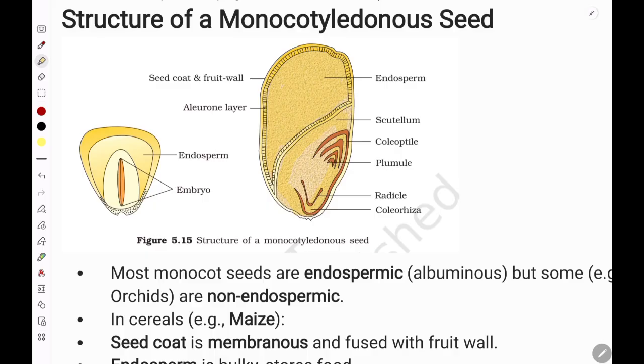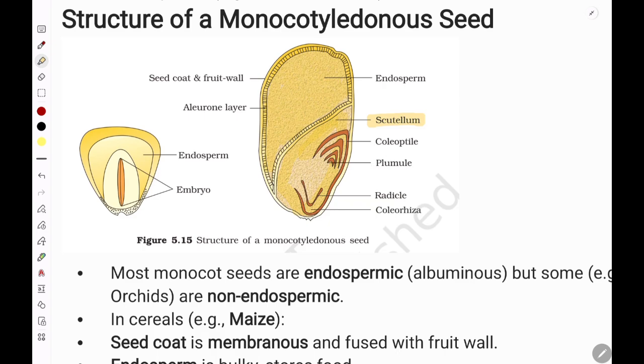They contain only a single cotyledon, which is known as the scutellum. If we talk about the embryo, it also has radicle and plumule, but they are different from the structure of the radicle and plumule of the dicotyledon.